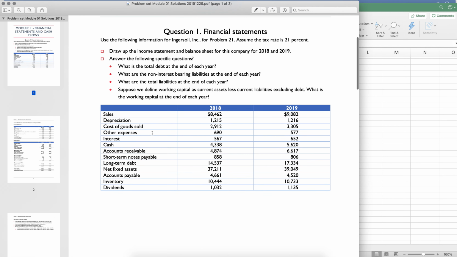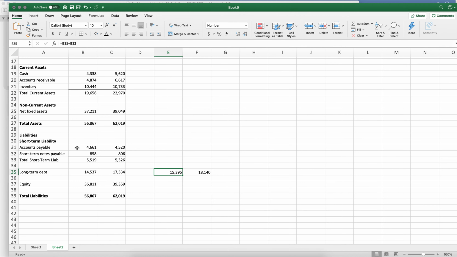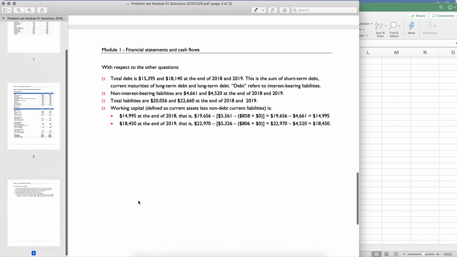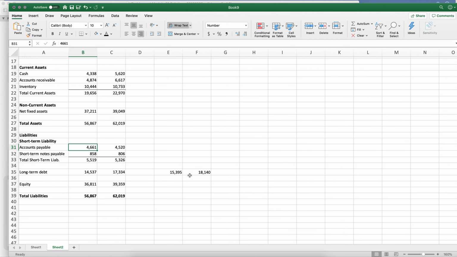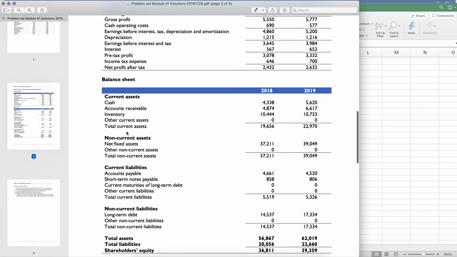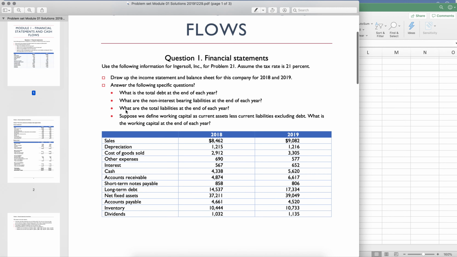All right, non-interest-bearing liabilities at the end of each year. So the only non-interest-bearing liability should be your accounts payable. Let's make sure that I didn't forget anything. Yeah, only your accounts payable. And then the next question is total liabilities at the end of each year.